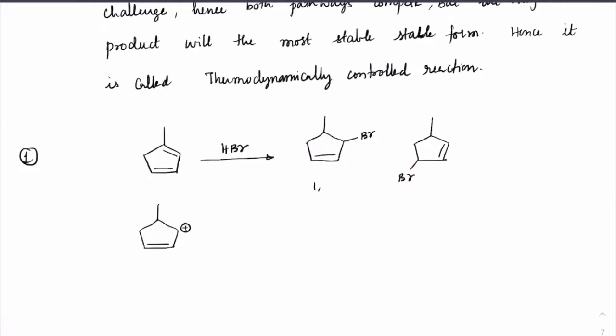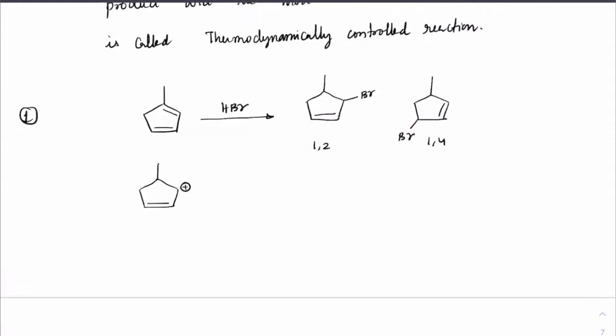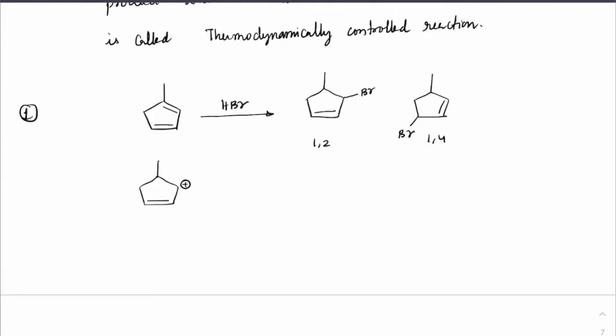So yes, here it is a 1,2 addition. This is 1,4 addition. Multiple products can come, but there is another way of forming a carbocation here. Is it or not? So in this, when H plus is added at this location, we got this carbocation.